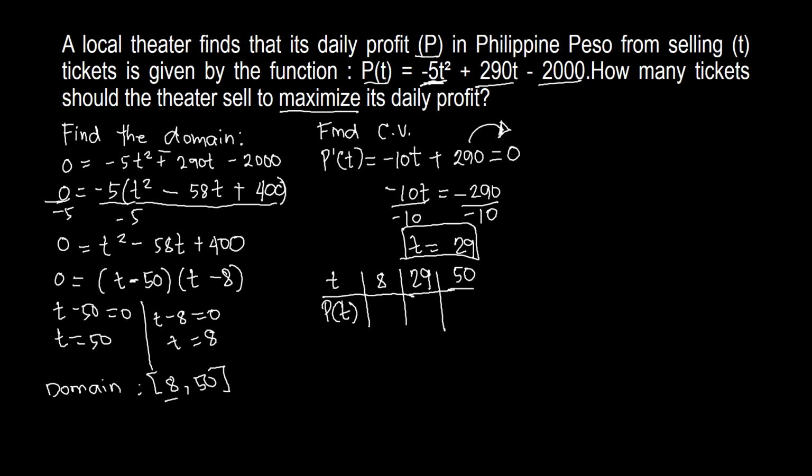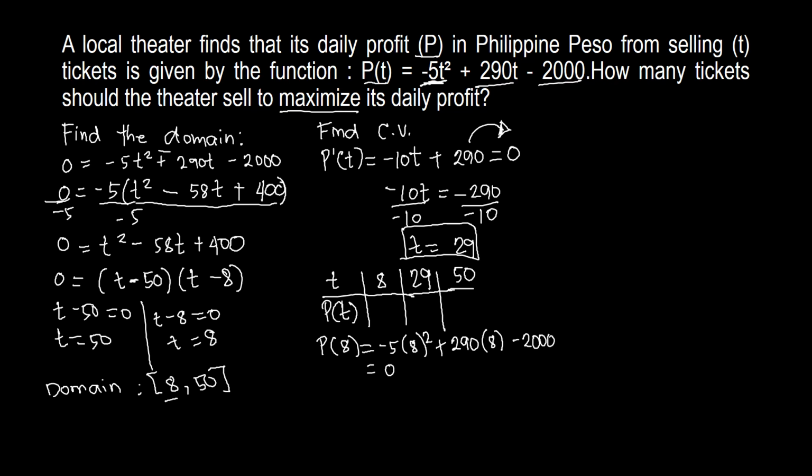So solving for p of t, p of 8, which means we are to utilize our original equation. Starting off with negative 5 times t, which is 8, raised to the power of 2, plus 290t, our t there will be replaced by 8, minus 2,000. This would lead to 0 as the value.